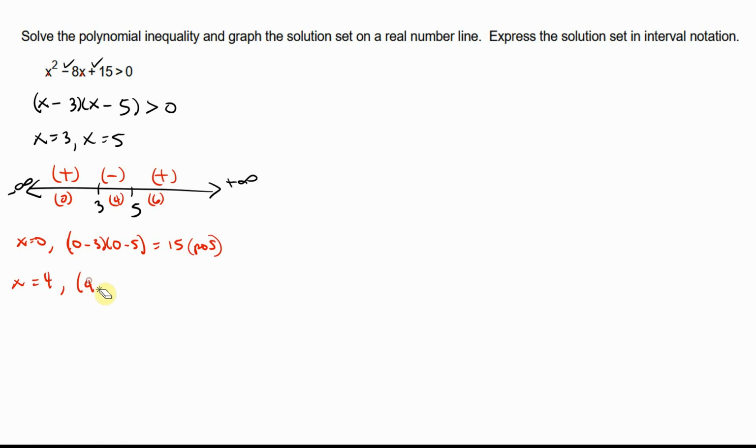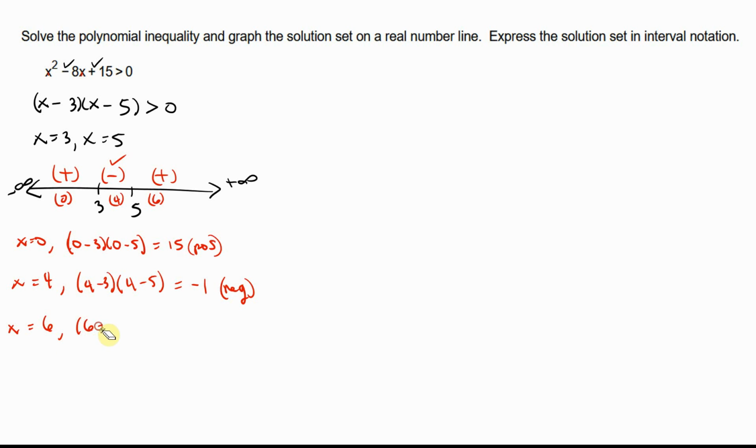So this is 4 minus 3. And this is 4 minus 5. Right? So that's 1 times a negative 1. So that's negative 1. Just negative. That's the only thing I want is the sign. Right? That's how I got that. And then we test x equal to 6.